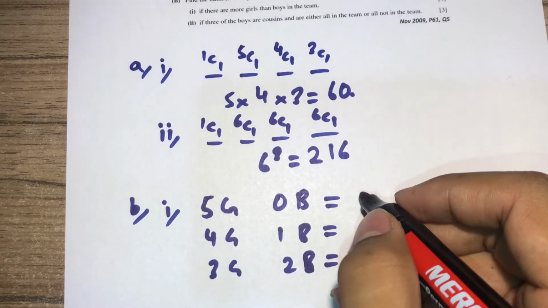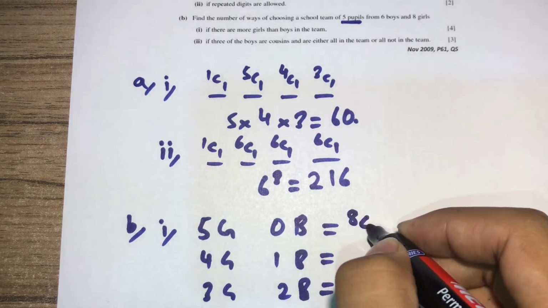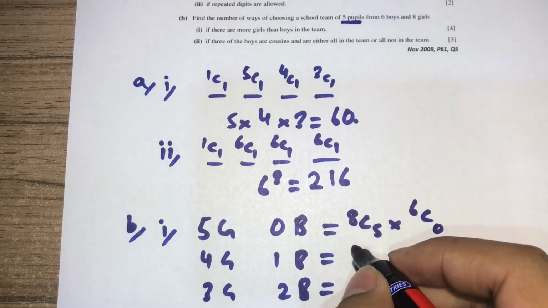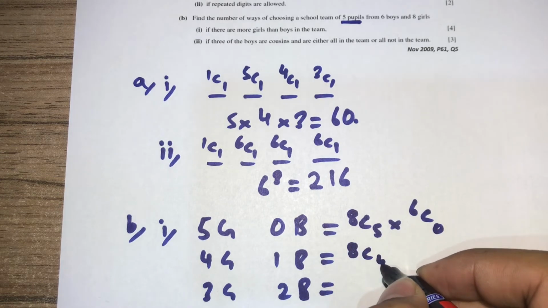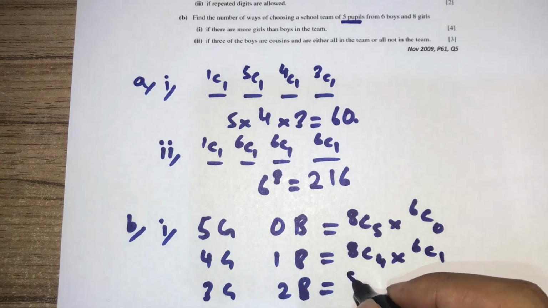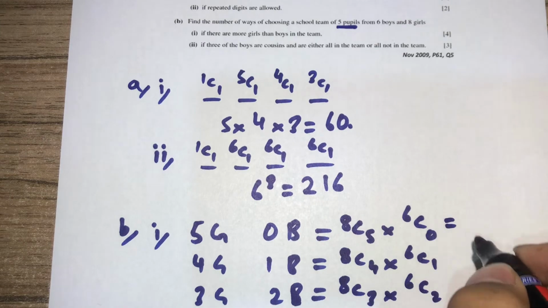So for the first one, out of 8 girls, 5 girls are selected, so 8c5. Out of 6 boys, 0 are selected. Then for the second one, out of 8, 4 girls are selected, and out of 6, 1 boy is selected. Or the third, out of 8, 3 girls are selected, and out of 6, 2 boys are selected.